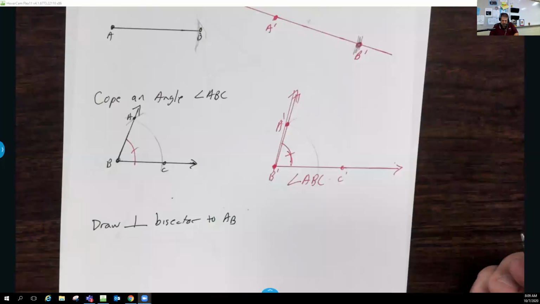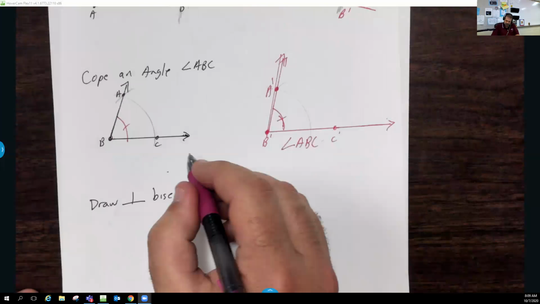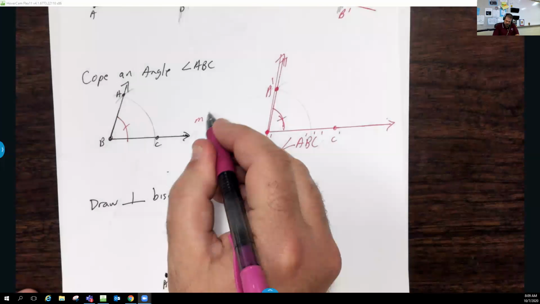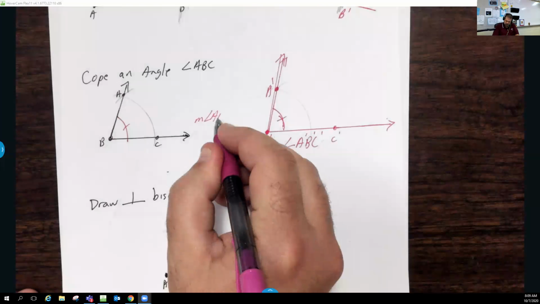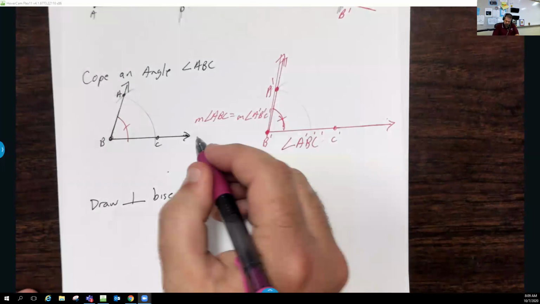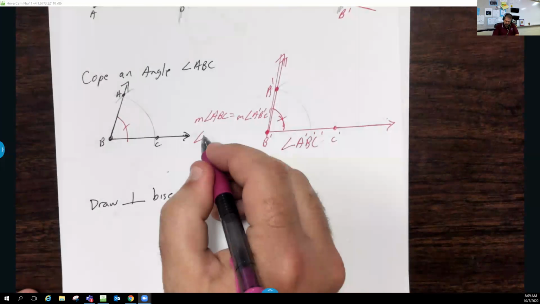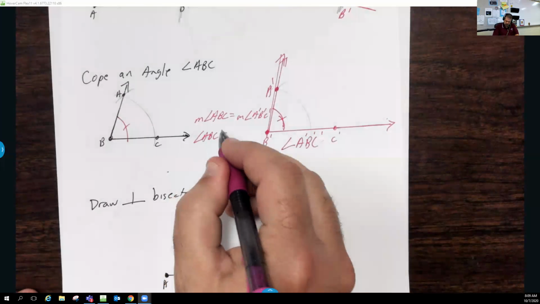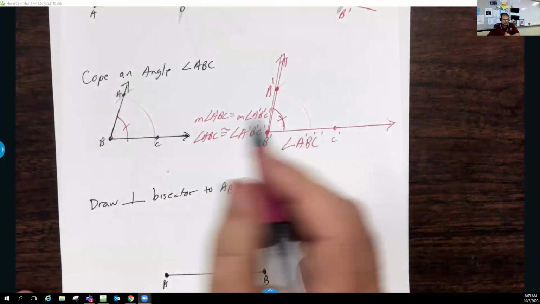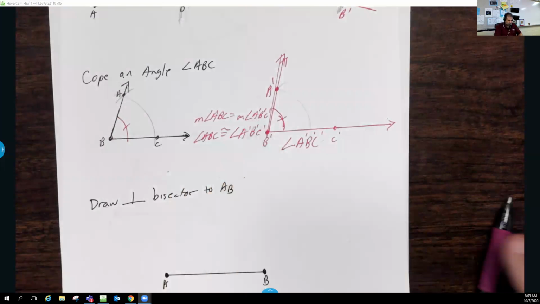And we would say that the measure of angle ABC is equal to the measure of angle A prime B prime C prime, or angle ABC is congruent to angle A prime B prime C prime. So that kind of works with that.